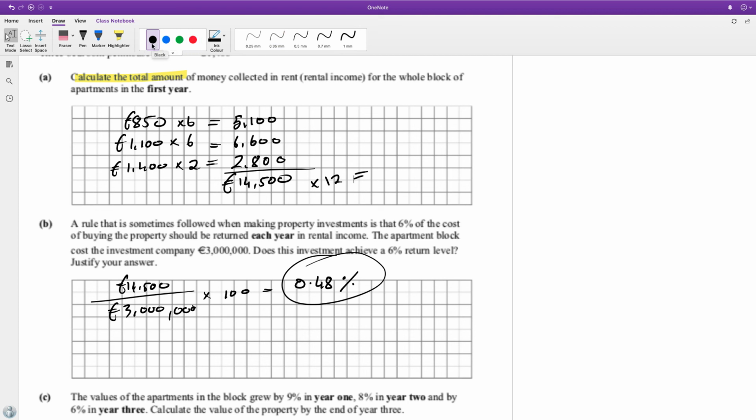So 14,500 multiplied by 12 is 174,000. We then put 174,000 over 3 million and see what we get.